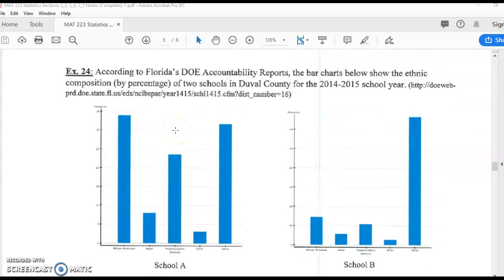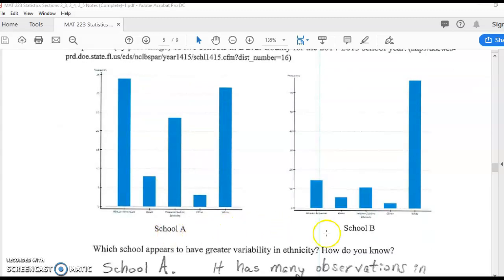So for example, according to Florida's Department of Education accountability reports, the bar charts below show the ethnic composition by percentage of two schools in Duval County for the 2014-2015 school year. So looking at school A versus school B, these are hard to read but you can see it easily in your notes.